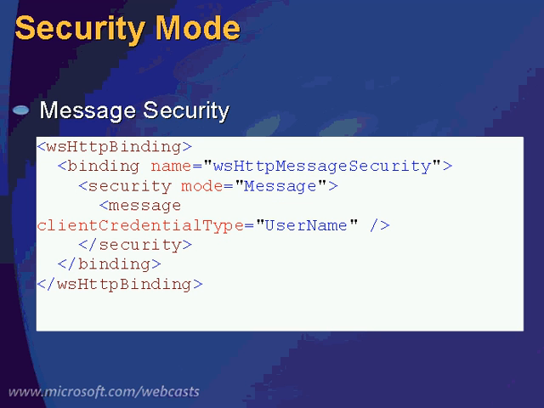Now, unlike TCP transfers, when we use HTTP, we're usually going to default to message security, although that's not always required. That is the default for WSHTTP binding. And so the default for HTTP binding would also be Windows credentials, but we would usually switch that to a username password because typically in an internet application we don't have a Windows domain that we're logging into.